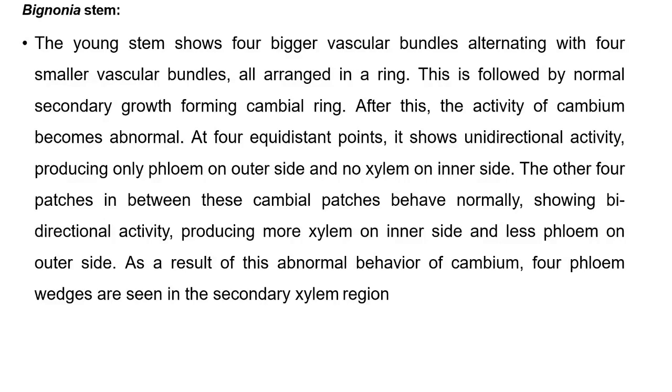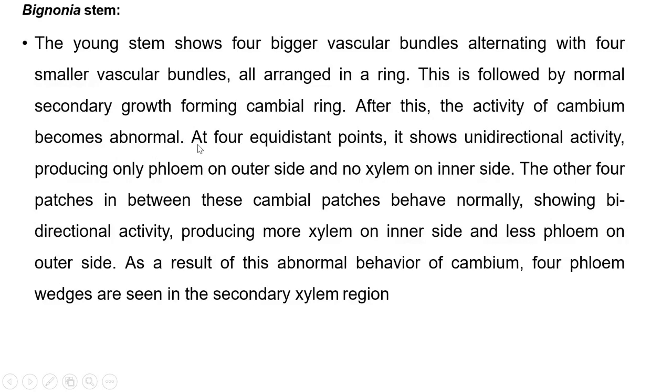Now let us see how abnormal secondary growth is found in Bignonia plant. The young stem shows 4 bigger vascular bundles alternating with 4 smaller vascular bundles, all arranged in a ring. This is followed by normal secondary growth, forming a cambial ring, similar to other normal growth. But after this, the activity of cambium becomes abnormal.